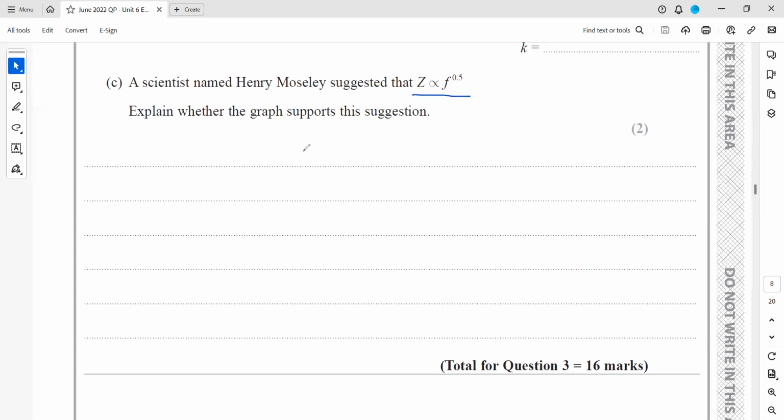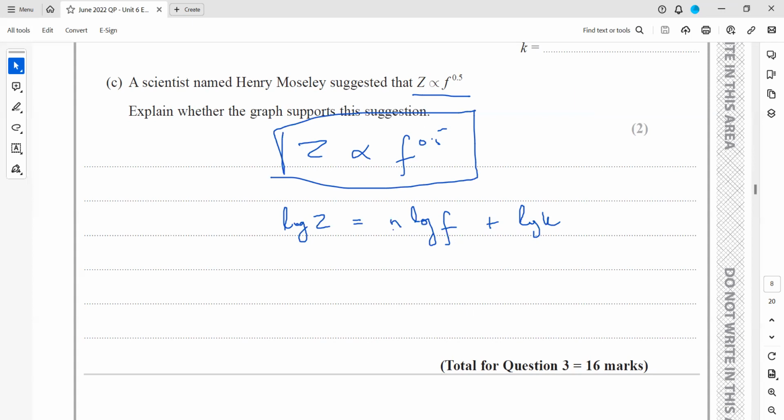If z is proportional to f raised to the power 0.5, and we have the original formula, log z is equal to n log f plus log k. That is the original equation when we modify. So from this, how can we prove, according to his suggestion?